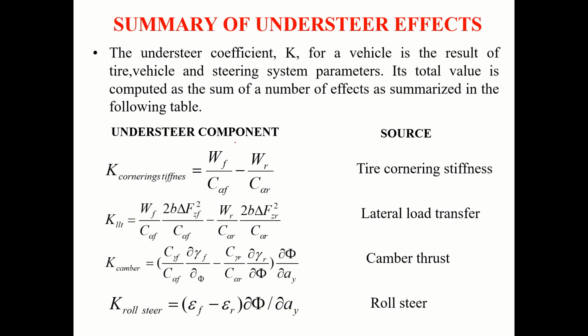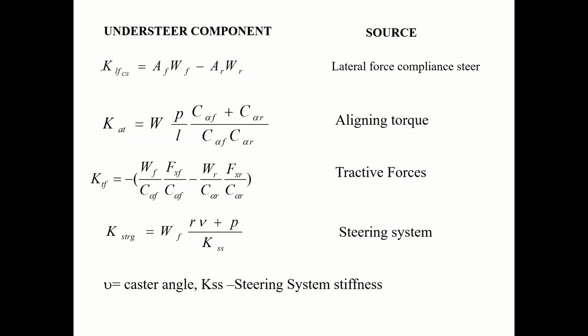Now you see, you have got understeer gradient due to cornering stiffness, tire cornering stiffness. Understeer gradient due to lateral load transfer. Understeer gradient due to camber. Understeer gradient due to roll steer. Understeer due to lateral force compliance.